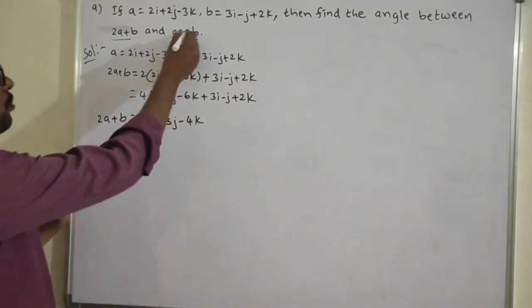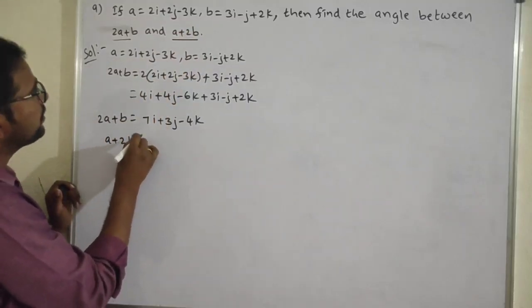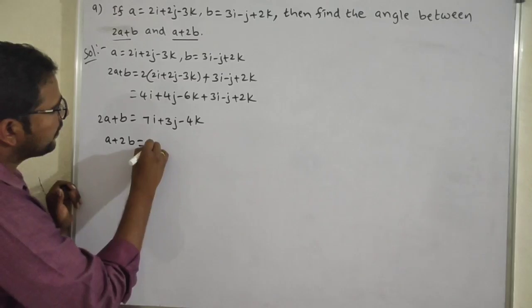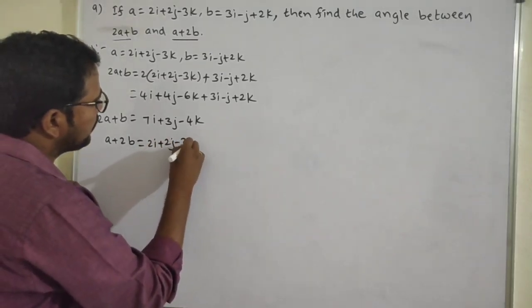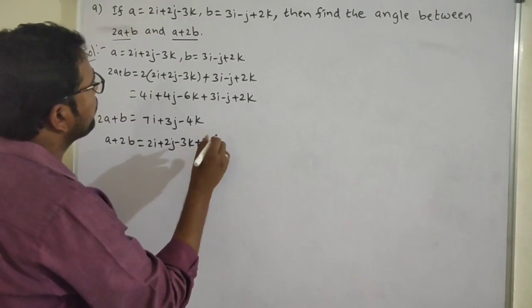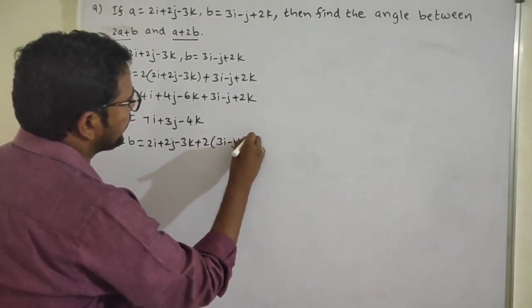Next, find a plus 2b. Vector a is 2i plus 2j minus 3k, plus 2 into vector b, 3i minus j plus 2k.